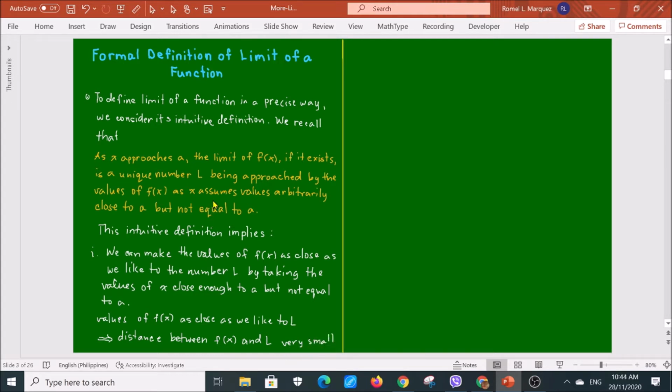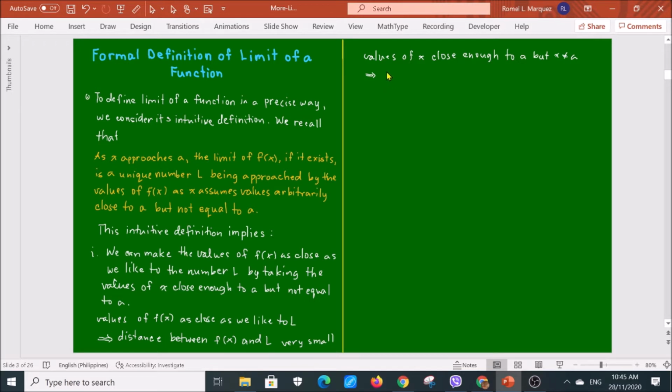Okay? What do we mean by values of x close enough to a but not equal to a? What does it mean? So how are we going to change that?